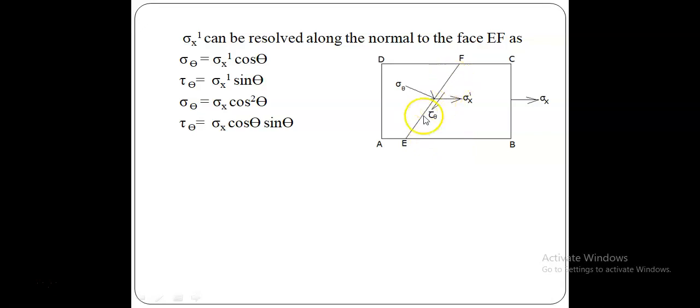Next, tau theta, what is the tangential stress? That is sigma x dash sin theta. Sigma x dash is sigma x cos theta, therefore sigma x cos theta into sin theta.